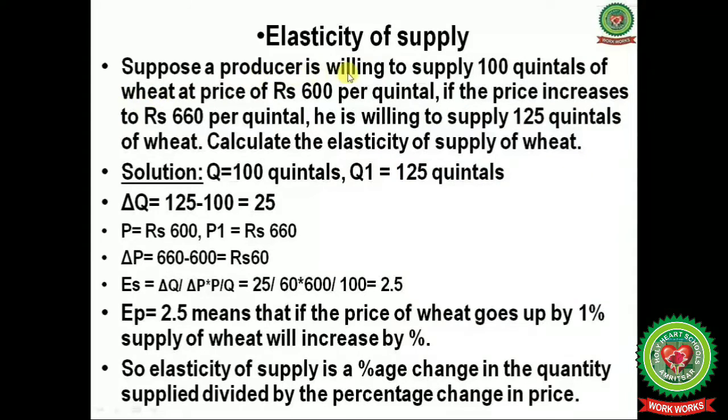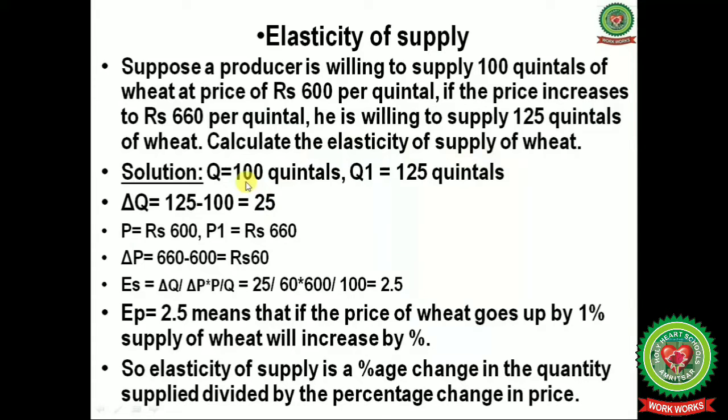Suppose a producer is willing to supply 100 quintals of wheat at a price of rupees 600 per quintal. If the price increases to rupees 660 per quintal, he is willing to supply 125 quintals of wheat. Now we have to calculate the elasticity of supply of wheat, means how much change will be there with the change in the price.